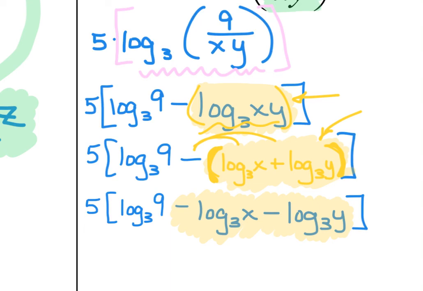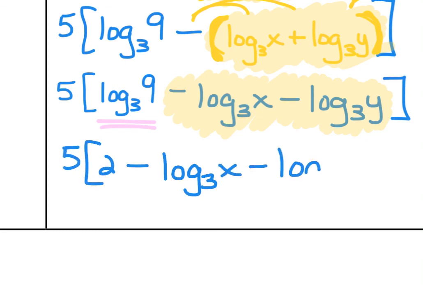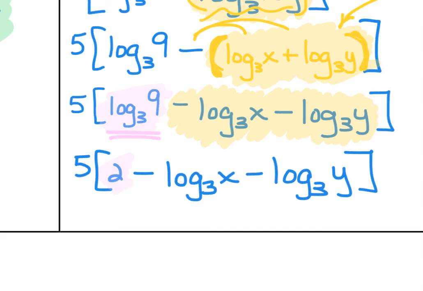The next thing that you should notice is that log base 3 of 9 is equal to 2. So keep the 5, 2 minus log base 3 of x minus log base 3 of y. This here became this here.